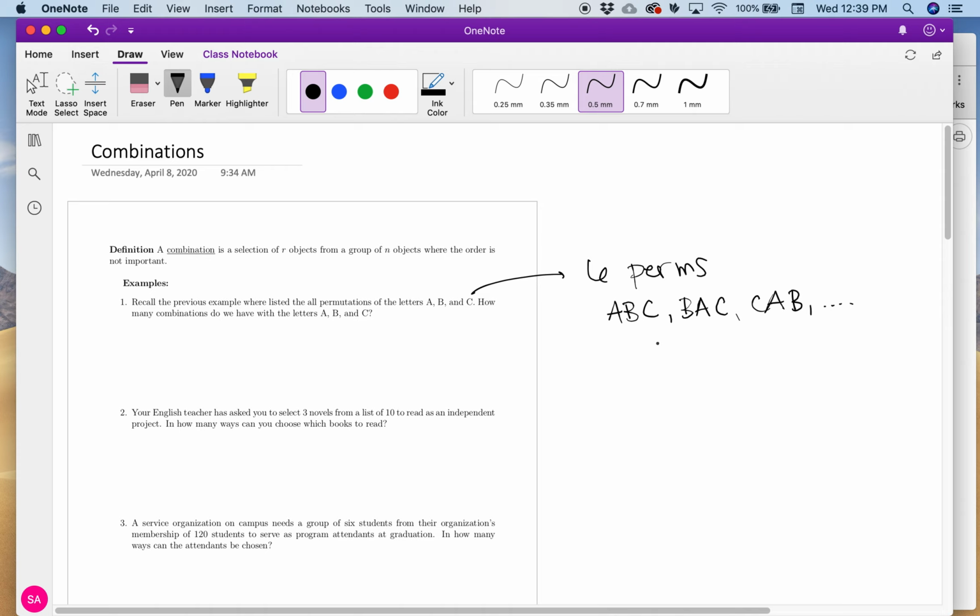The thing with combinations is ABC is not any different from BAC, and that's not any different from CAB. Order doesn't matter with combinations. What matters is just the grouping itself, that you have the A, you have the B, and you have the C somewhere. So really, there's only one possible combination for ABC.